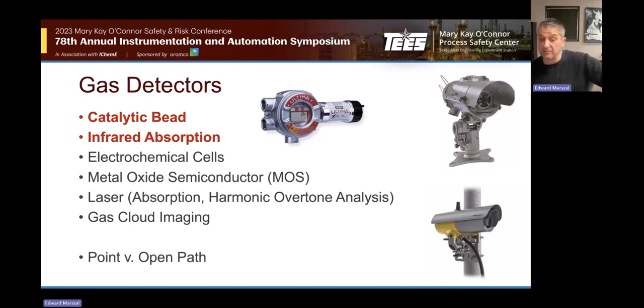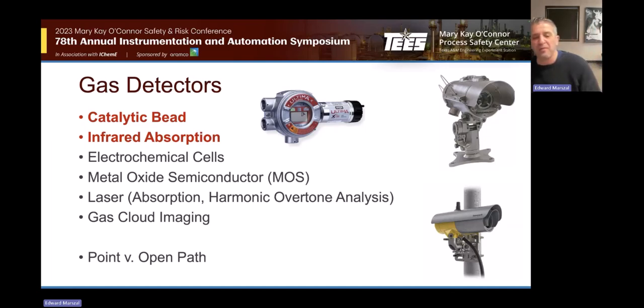There are multiple different types of laser detectors, which work similarly to IR in that you're sending a beam out and looking at how the beam has changed when it comes to the sensor. Sometimes you're going to look at frequencies that have been absorbed, or sometimes you're going to look at something called harmonic overtone analysis.